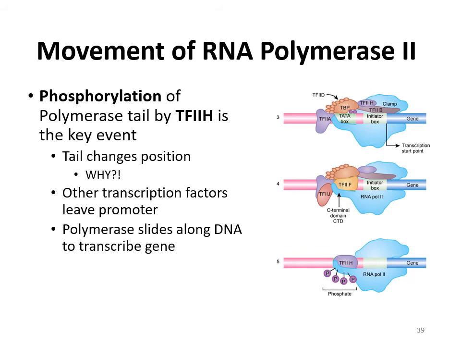Because if you think of phosphorylation, phosphate groups have negative charges, right? So TFIIH is putting a whole bunch of negative charges on this piece of the RNA polymerase. Down here, you can see it. A whole bunch of phosphates is a whole bunch of negative charges on the polymerase. What do you know about the charge of DNA?